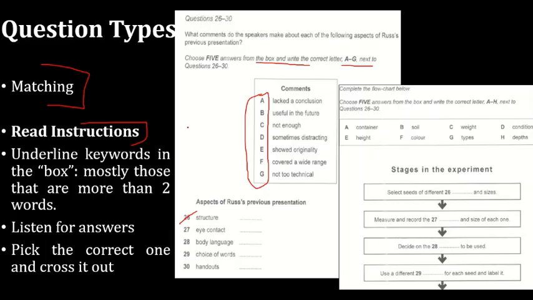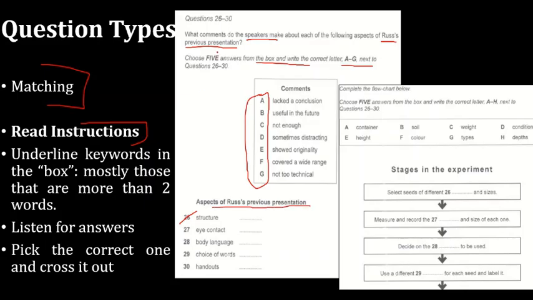And the question is, what comment do the speakers, both of them, make about each of the following aspects of Ra's previous presentation. They will indicate, have you had any previous presentation? They'll say yes. How did it go? How was the structure? And they will start discussing it.